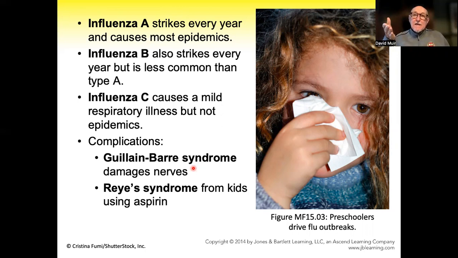Influenza is one of the things which can spark off a Guillain-Barré reaction. The other thing, for those of you who have children, you have probably been told this by your pediatrician: if your child has a fever, which might be due to influenza, do not ever give them aspirin.